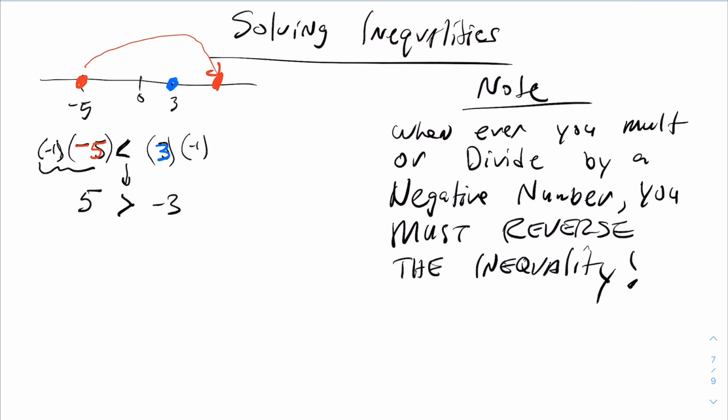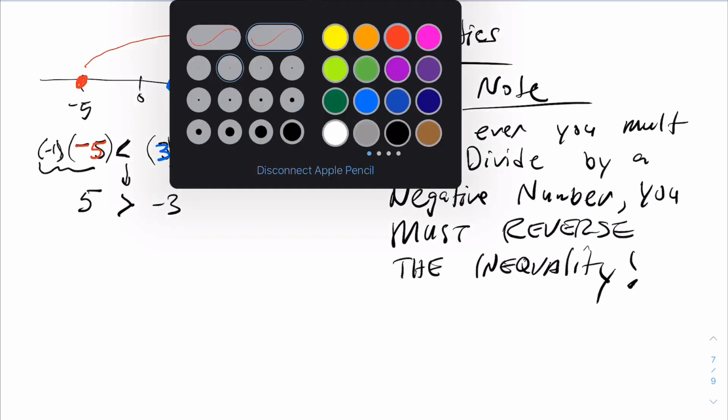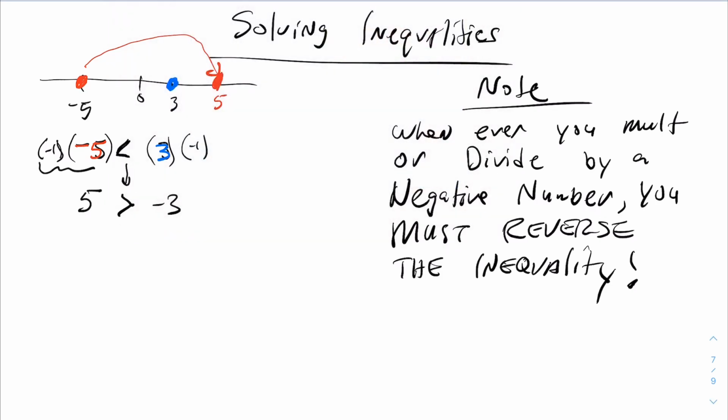When you multiply it by negative, it turned into a +5. And what's the opposite of +3? -3. Well, it went over here to -3. And by multiplying by negatives, it basically flipped those two quantities from greater than to less than. So it reversed the symbol. That's very important to do, otherwise it will be wrong.